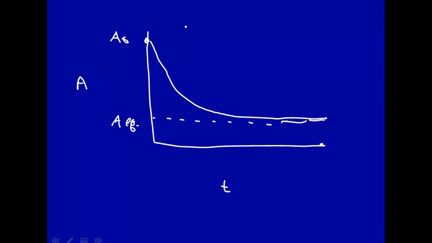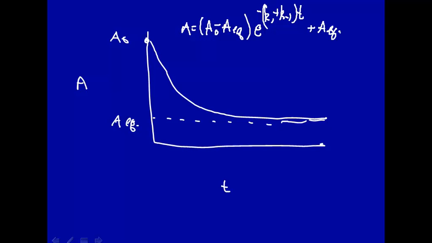The equation for this line is A equals A0 minus the equilibrium concentration of A, times e to the minus (k1 plus k minus 1) t, plus the equilibrium concentration of A.